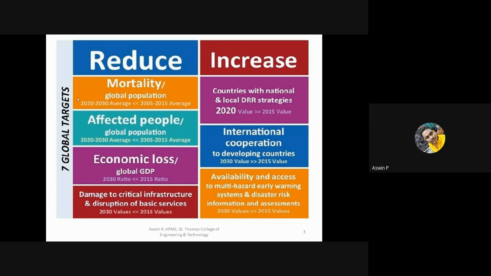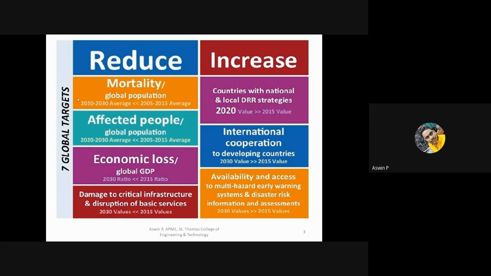We explained with an example that due to the last 2 years of the coronavirus pandemic, that is the COVID-19 pandemic, our GDP has gone very low and that caused a lot of economic losses. And also, we should reduce the damage to critical infrastructure and disruption of basic services by 2030. These are the reduction strategies. These four reduction targets are important in the Sendai Framework.